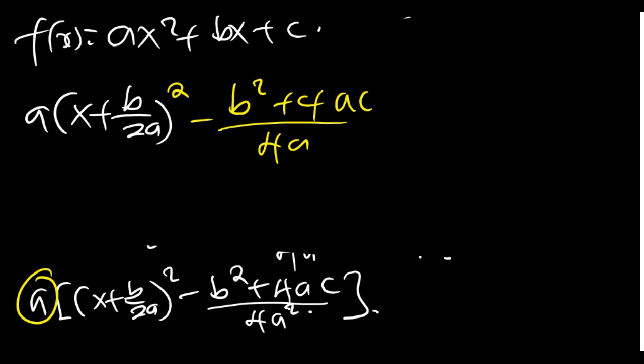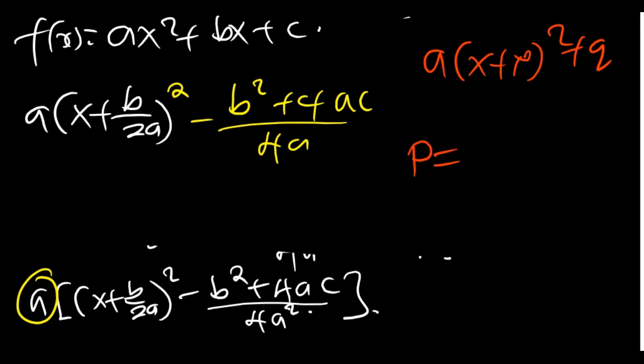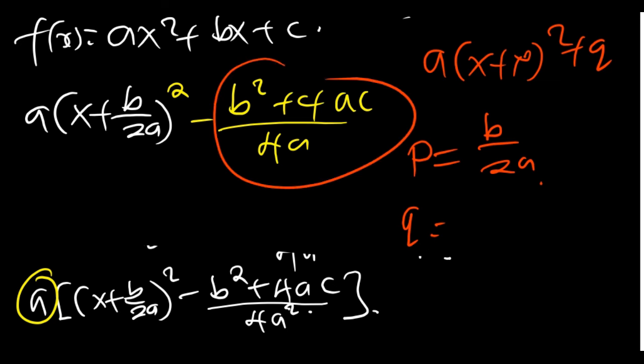Whenever I'm trying to come up with this a, x plus p, squared plus q, this p is the same as b over 2a, and q is the same as this.